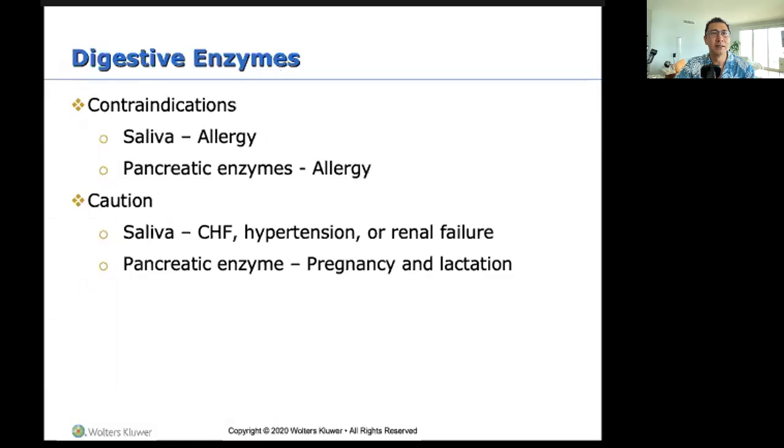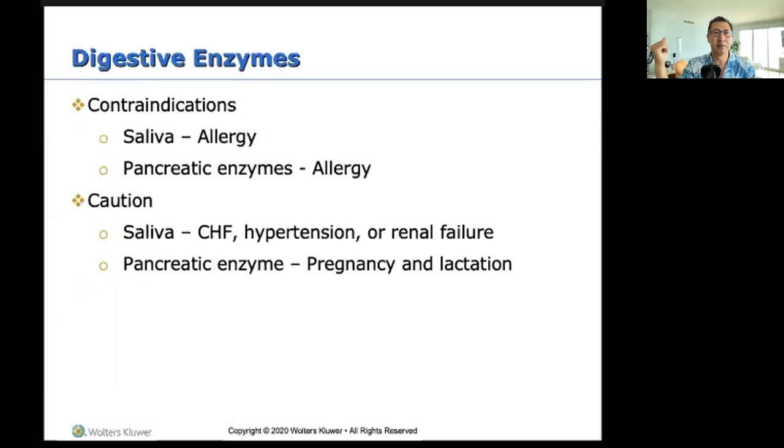Contraindications: allergies there, but for the saliva replacement, watch out for CHF, hypertension, renal failure. I think renal failure is kind of pushing it too far, but definitely CHF, because remember with CHF, fluid.